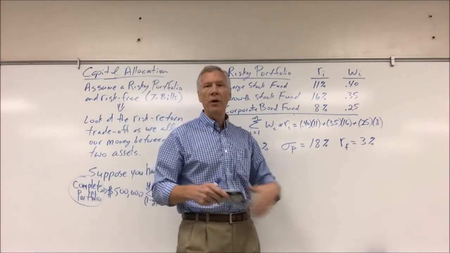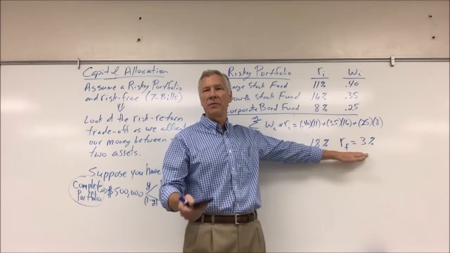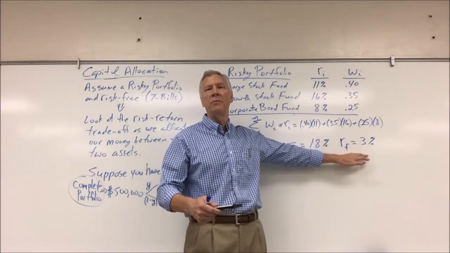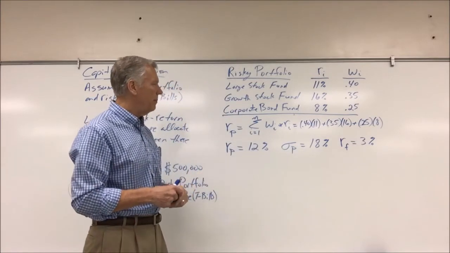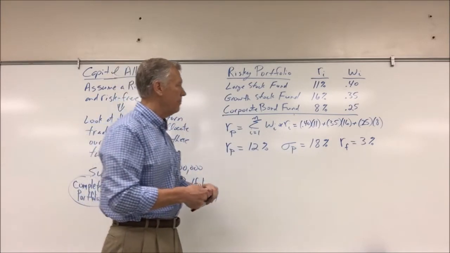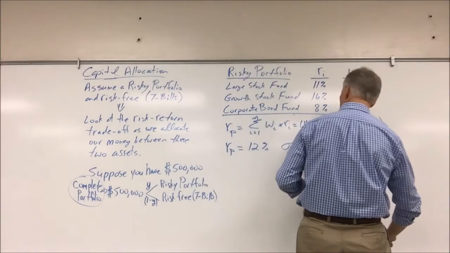I didn't write it on the board here, but what is the standard deviation of the risk-free asset? Well, it's risk-free. The standard deviation is assumed to be 0. So let's work through a quick example.